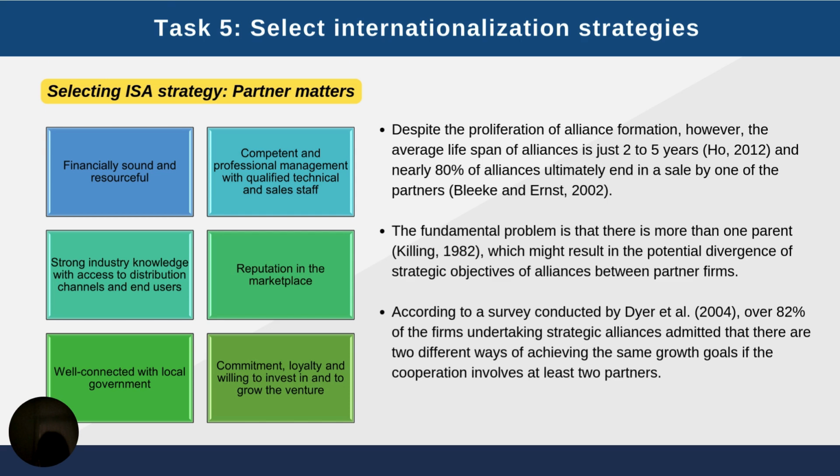According to a survey conducted by Dyer et al. back in 2004, which was a bit old but speaks the truth even today, over 82% of the firms undertaking strategic alliances admitted that there are 2 different ways of achieving the same growth goals if the cooperation involves at least 2 partners.